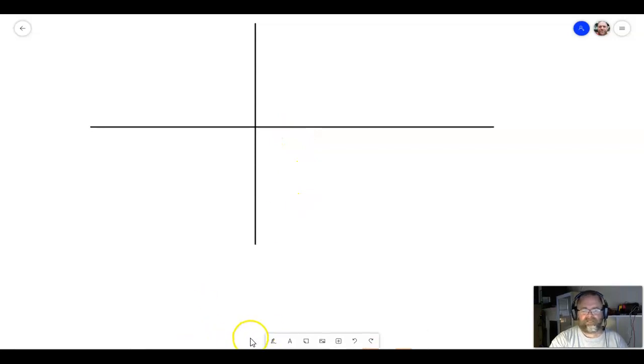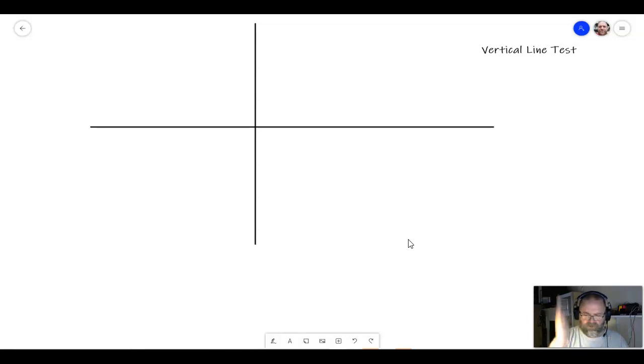The vertical line test. Let me go ahead and write that out here. So that is the vertical line test. And what does that vertical line test mean? Well, it means that wherever we put a vertical line on this graph, it can only touch up to one point.